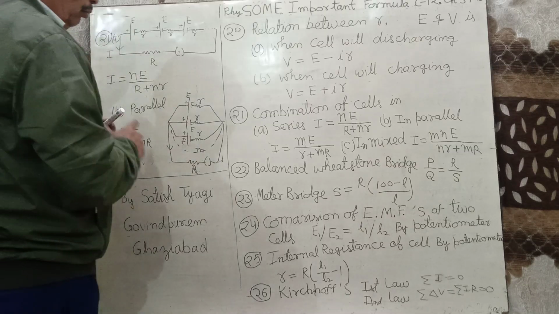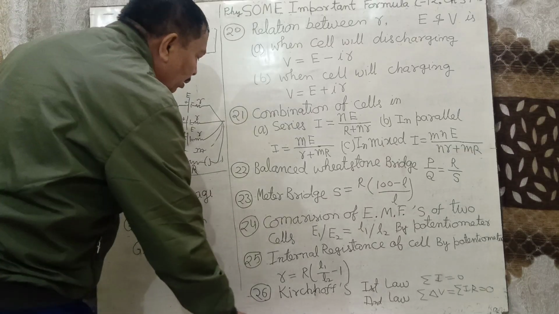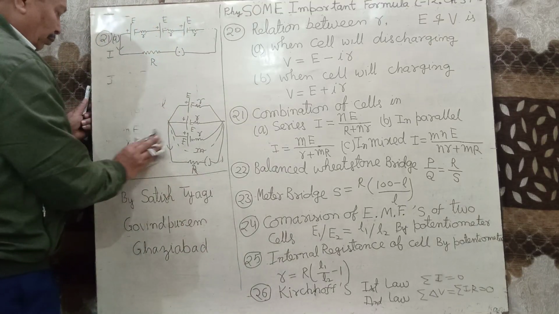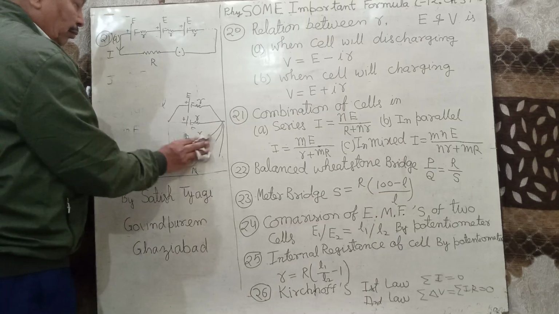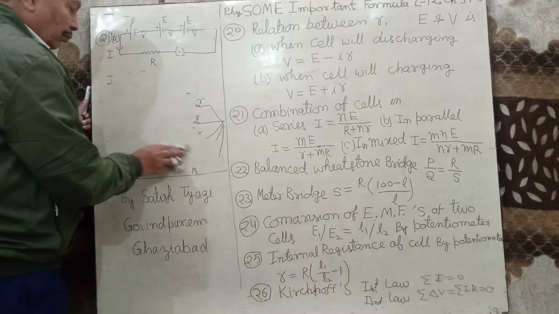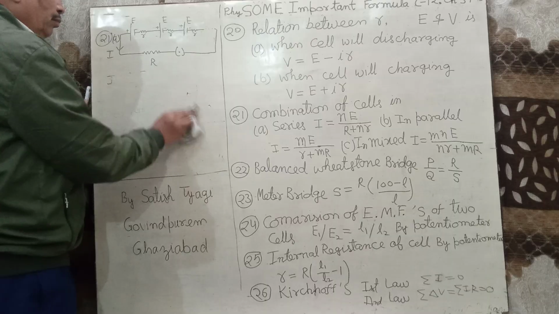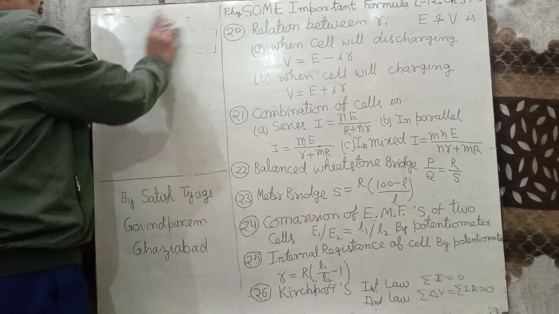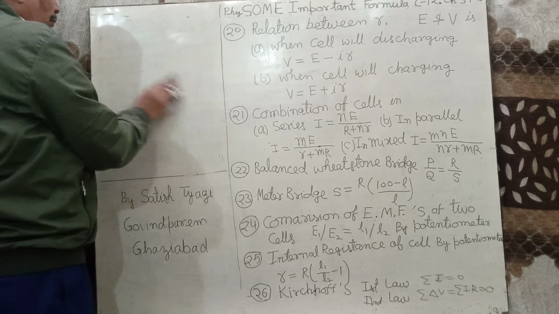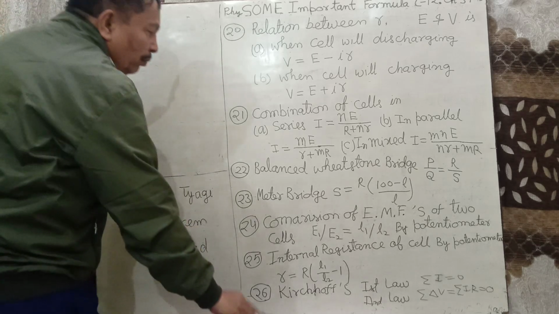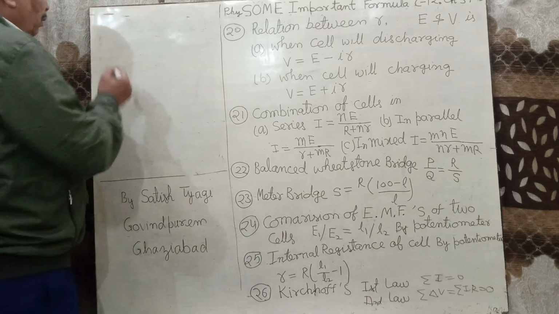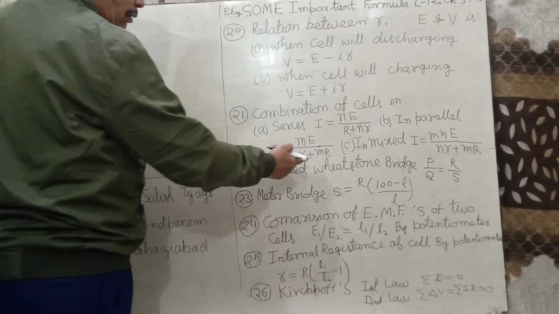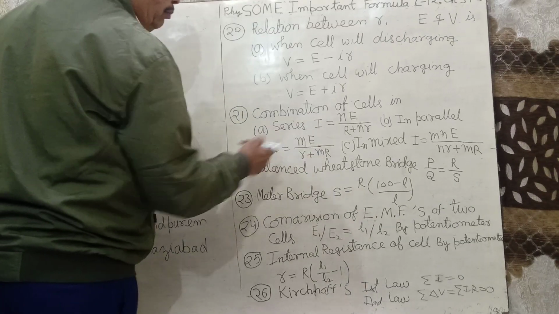Now I am telling you formula number 22. Formula number 22 is the balanced Wheatstone bridge.